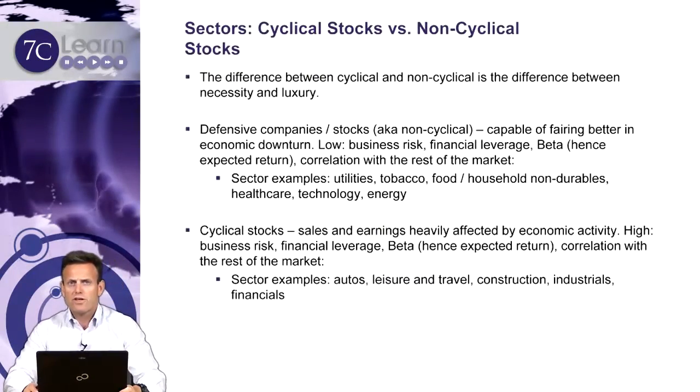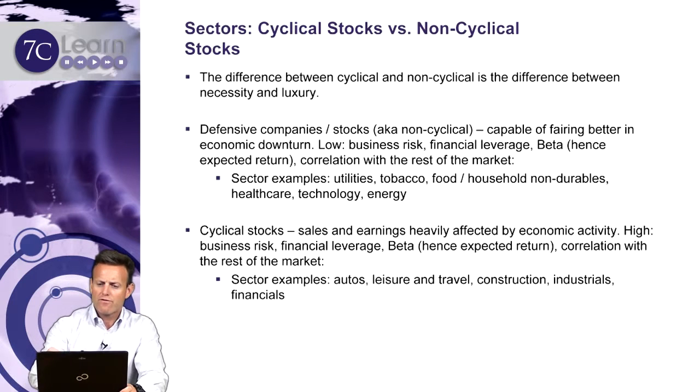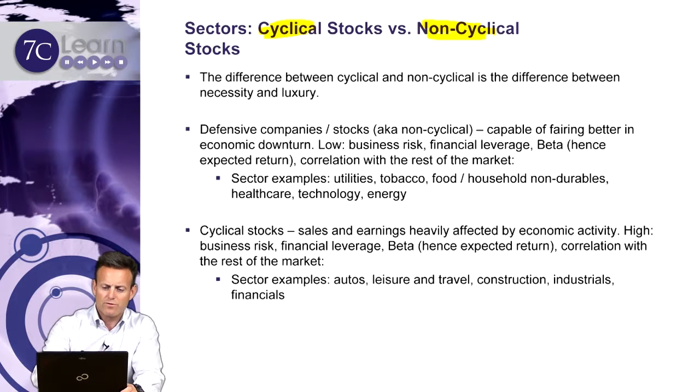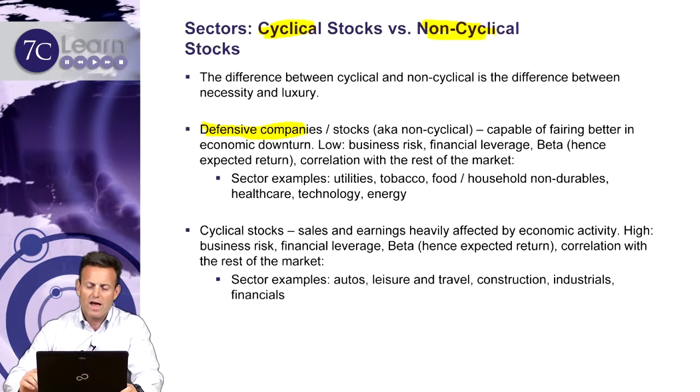Okay, other characterizations of stocks, we might refer to them as being cyclical or non-cyclical. So we would look at different sectors and describe those sectors and the stocks included in those sectors as having a tendency to be more cyclical or non-cyclical. So let's take a look. Examples of stuff that should be non-cyclical, or sometimes referred to as defensive stocks, would be things that would typically continue to be sold regardless of economic conditions.